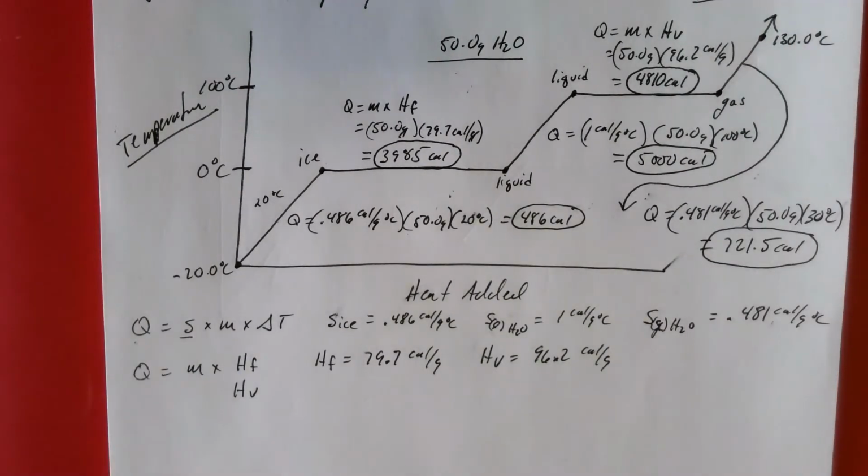Now, how much total heat did we add to this system? How would I calculate that? Would you add up the 3 that you used delta T in?